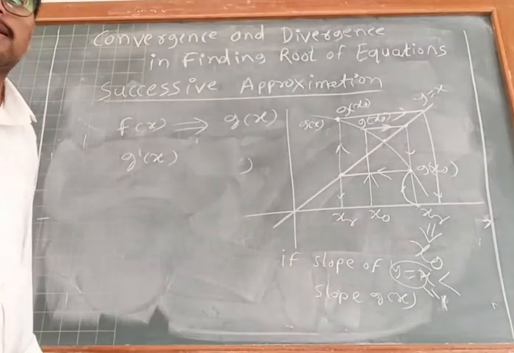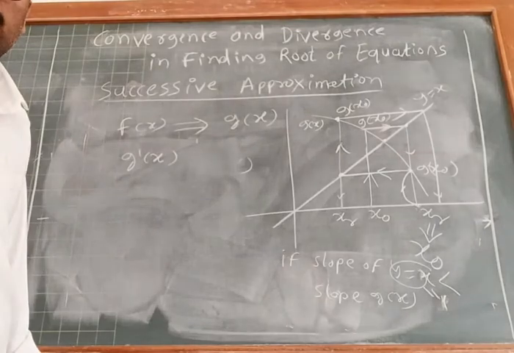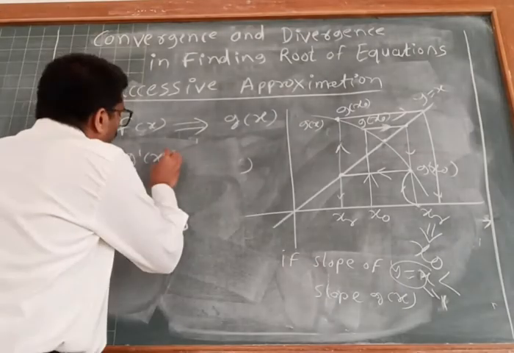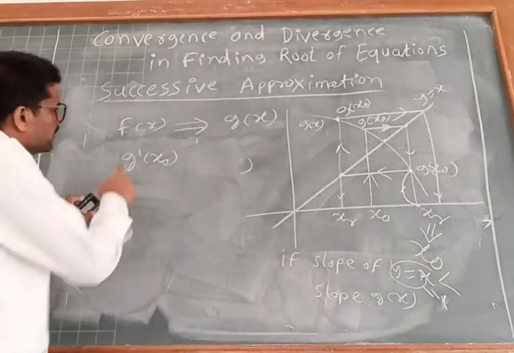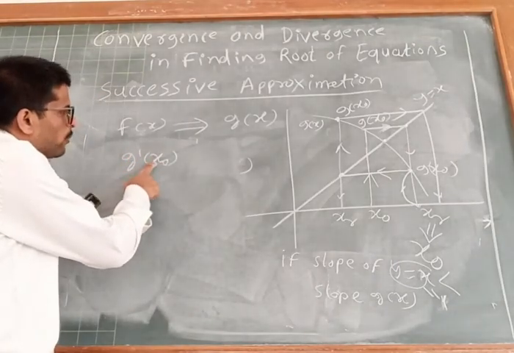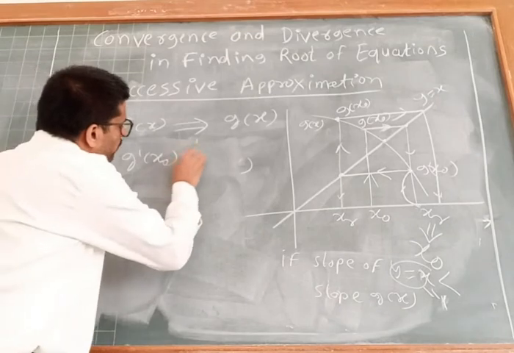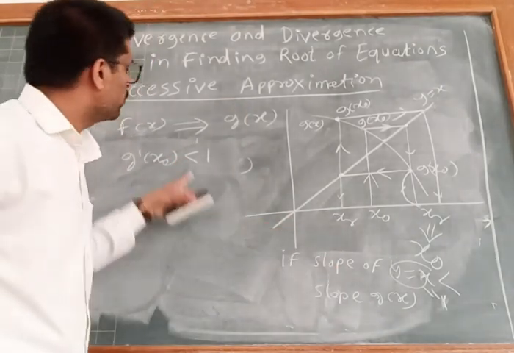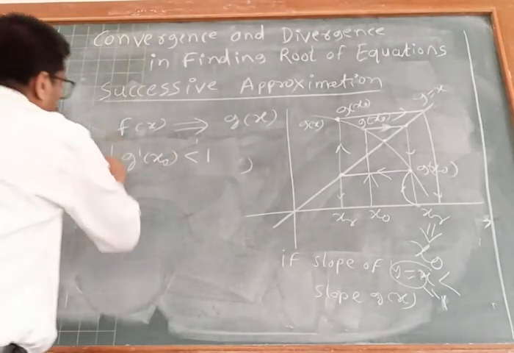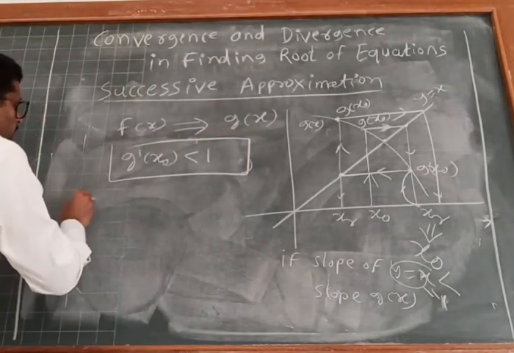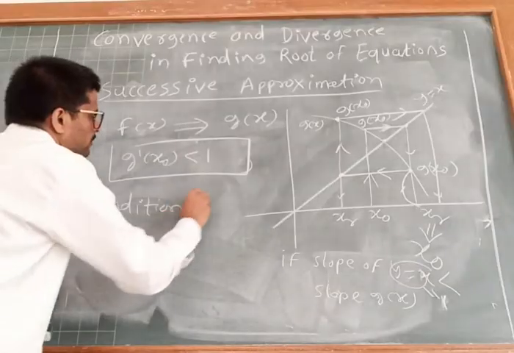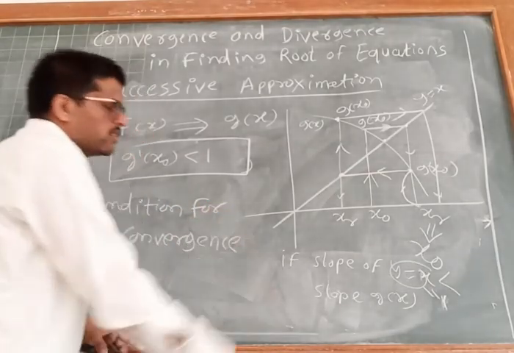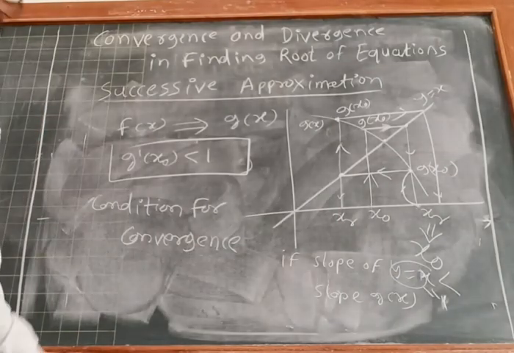If the g of x equation is there and its slope is g dash of x, the first derivative, and if you put the value x0, then g dash of x0 is the slope for the initial case, and it should be less than the slope of y is equal to x, which is 1. So this is the condition for convergence in the successive approximation method.